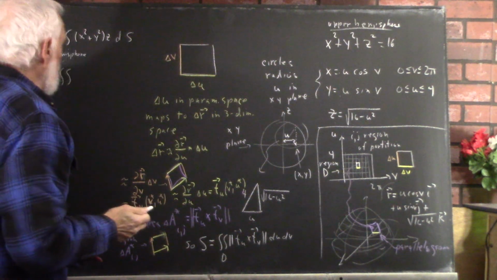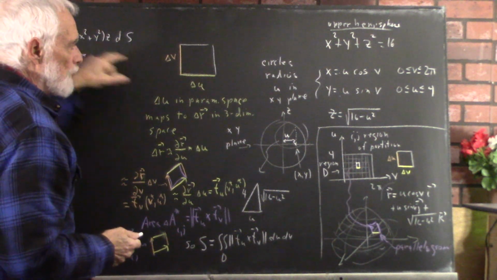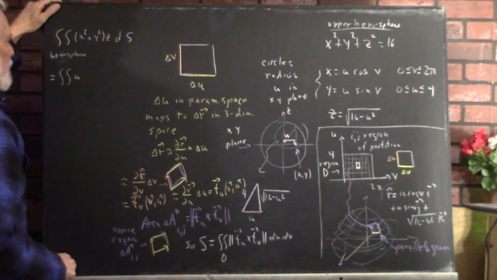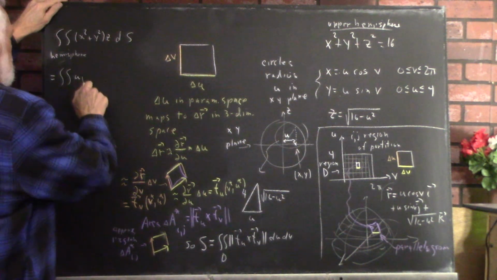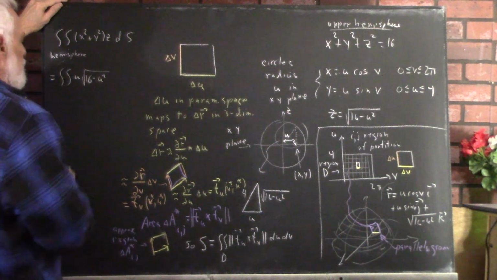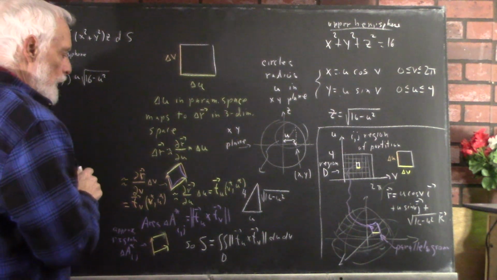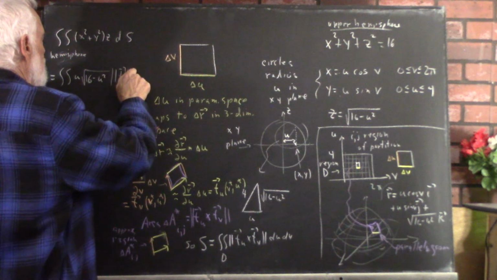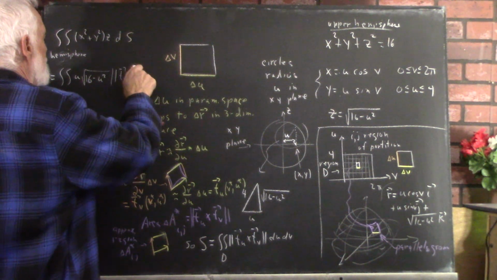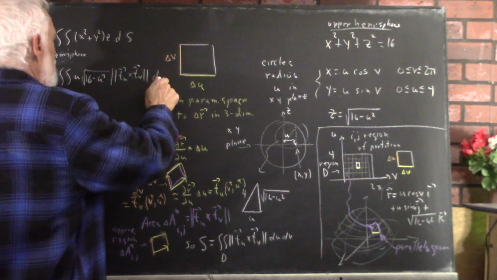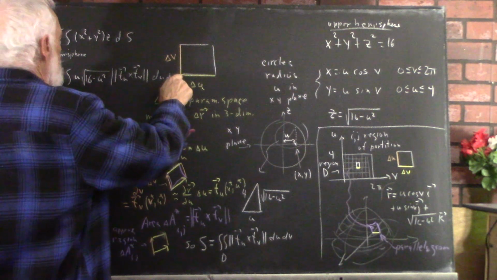This is going to become the double integral of x squared plus y squared, which is u, times z, which is the square root of 16 minus u squared, times the magnitude of tu cross tv, and it's going to be du dv.